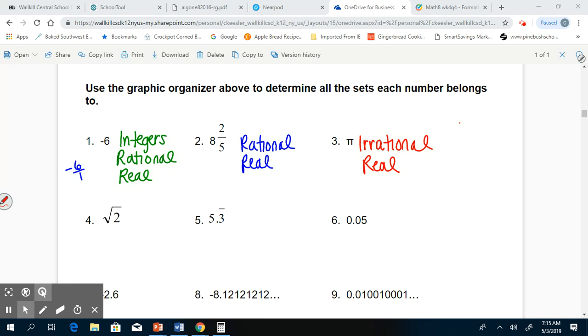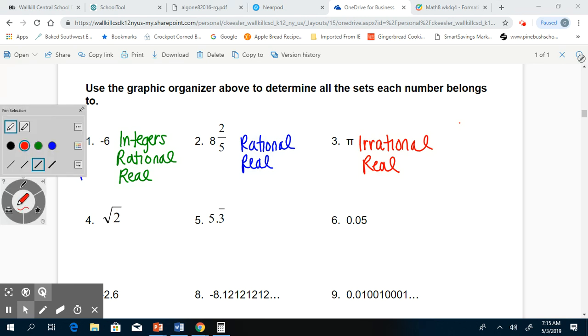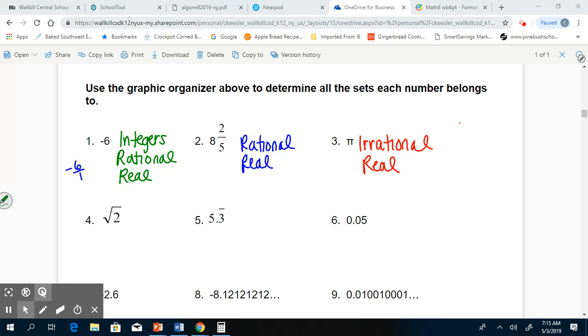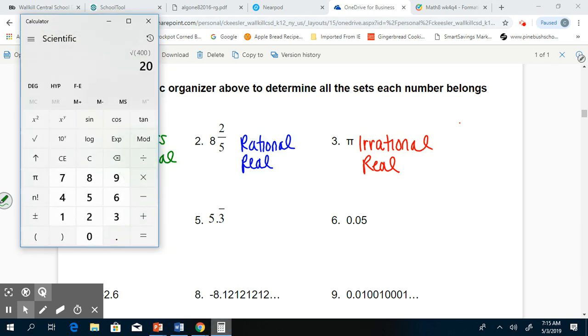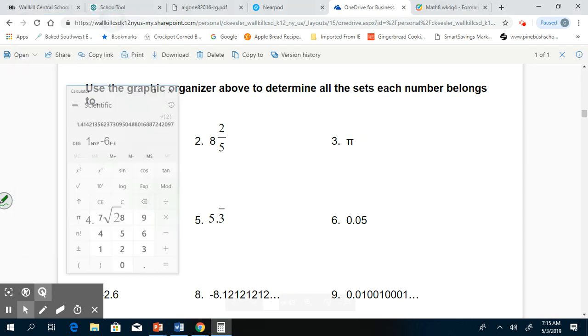All right, square root of 2. So here, you're going to use your calculator again. We do the square root of 2. We get 1.414213562373 dot, dot, dot. Nowhere in there is there a repeating pattern. It is an infinite decimal expansion that cannot be written as a fraction.